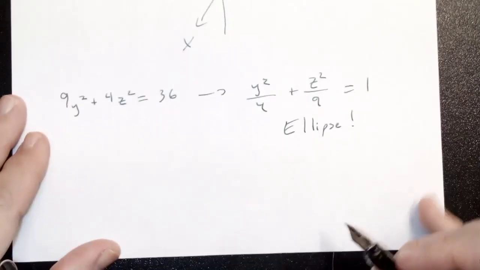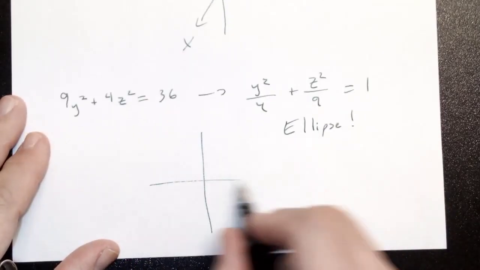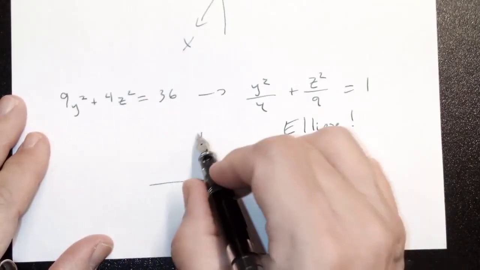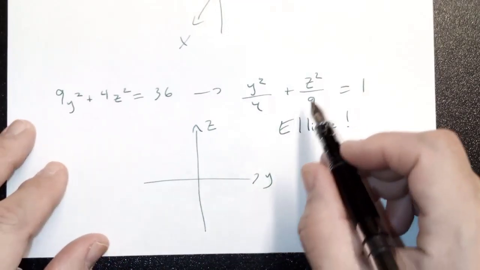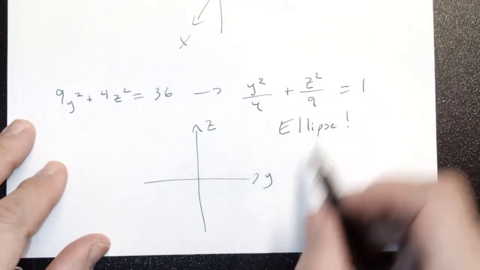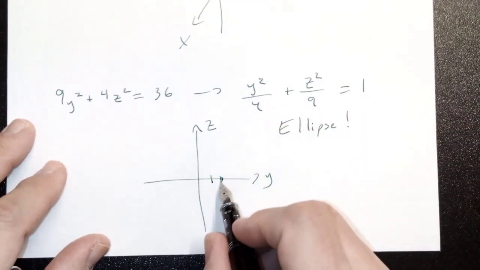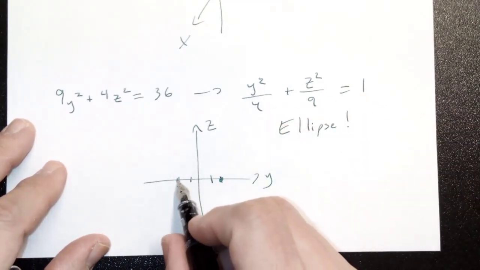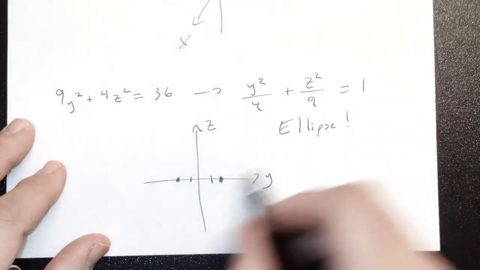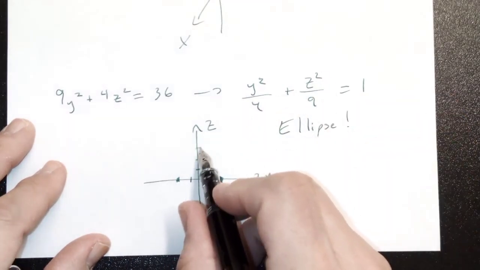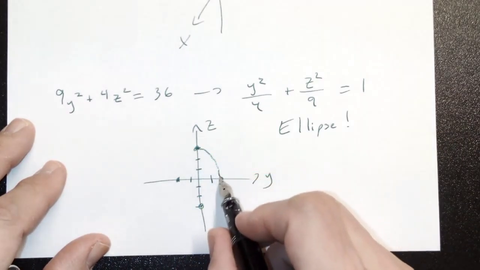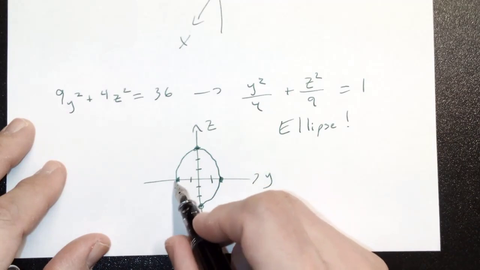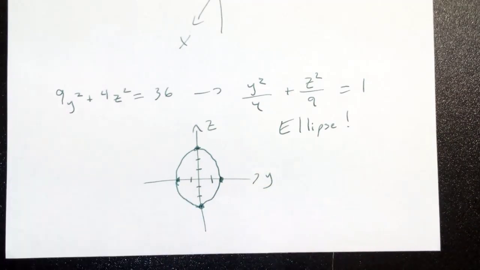So now I can draw that ellipse in y and z. And I say to myself, oh, well, if z is 0, then y is plus or minus 2. And if y is 0, then z is plus or minus 3. So I have a major axis and a minor axis, and I have this oval here. If I really want to, I draw the box and I make it all look right.